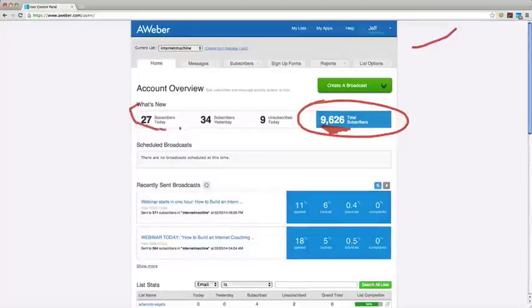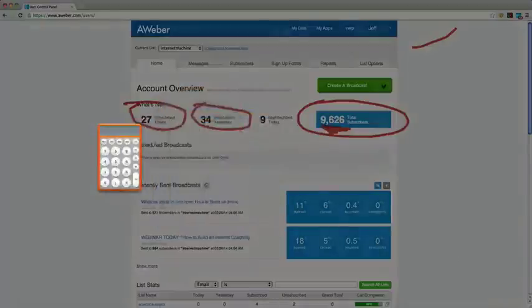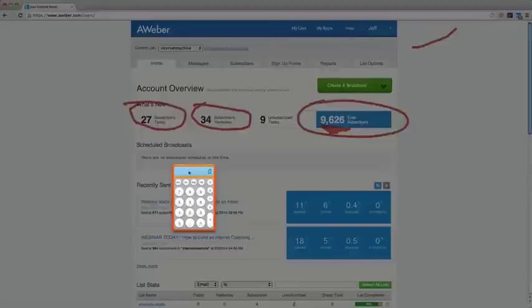We got 27 customers today, 34 yesterday, and we lost a few because we probably sent out a bunch of emails today as well. But we're building that list pretty fast. We don't do this every day, but if we were to generate 27 new customers every single day, forget about the past customers and the people that are still good prospects that we can continually market to and enroll in something else that we create.